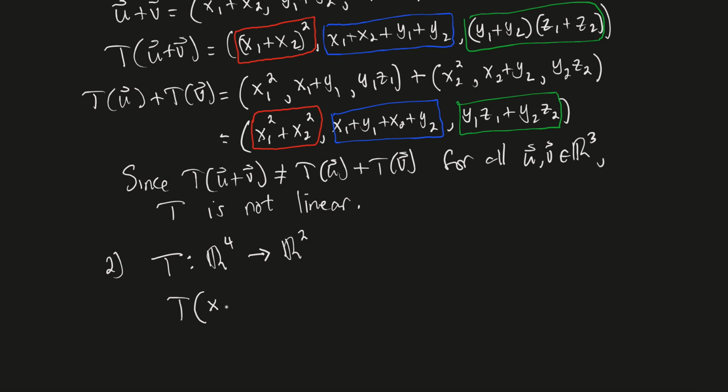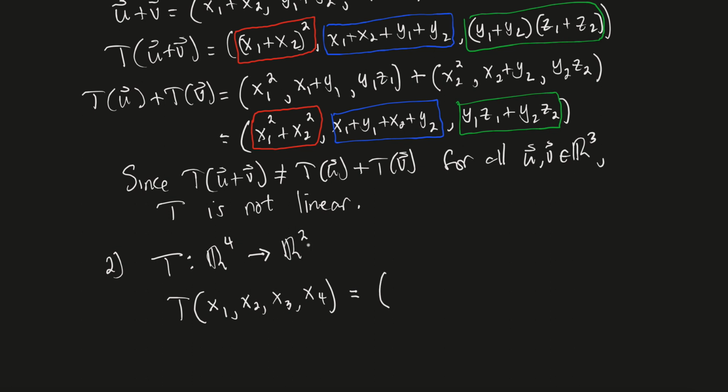So I'll say T of (x1, x2, x3, x4), right? So here's my general vector in R4, just written as an ordered quadruple. And this is what my transformation does.